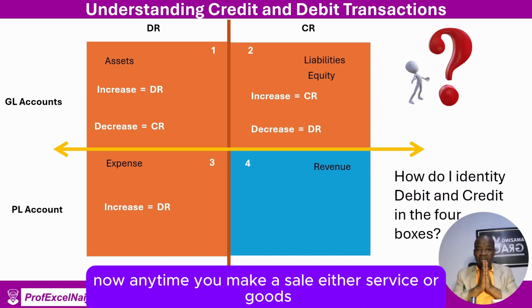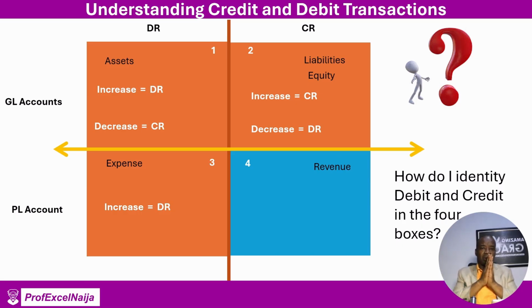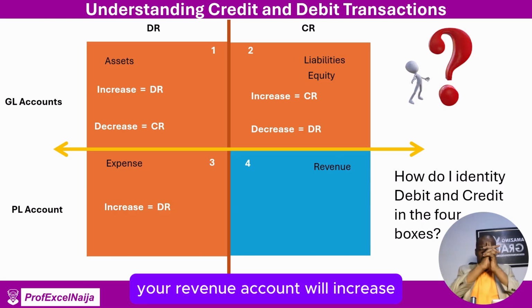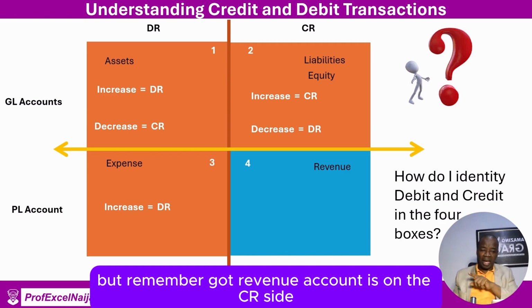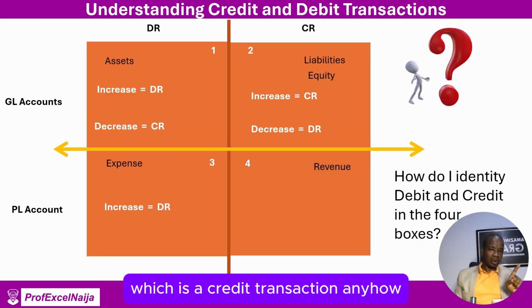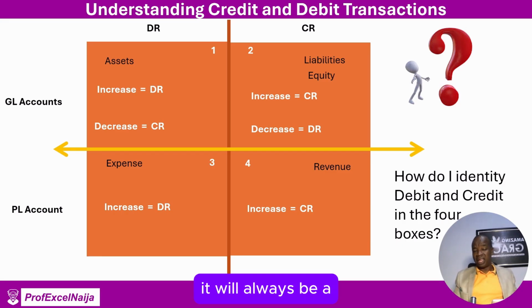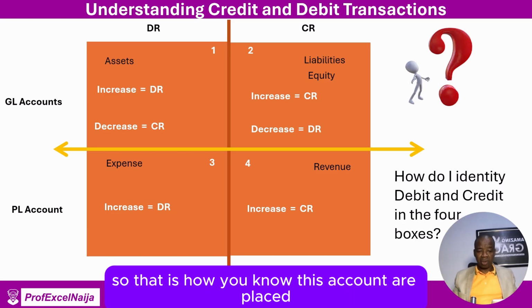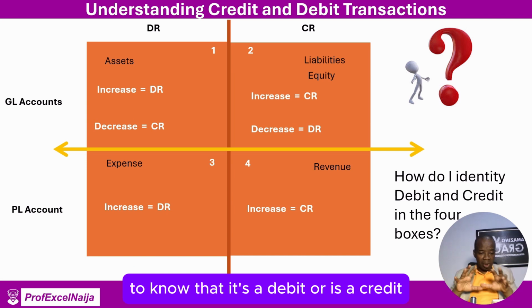Now, anytime you make a sale, either service or goods, your revenue account will increase. But remember, because the revenue account is on the CR side, an increase in revenue gives you a CR, which is a credit transaction. Anyhow, it will always be a credit transaction. So that is how these accounts are placed to know whether it's a debit or a credit.